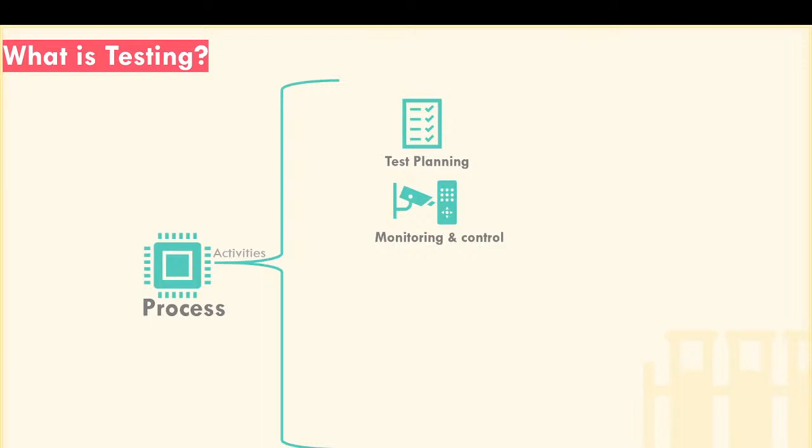We just saw planning, monitoring and control. Now let's go to the analysis. So what is analysis here? This is also an interview question, and you will take this into practice when you start working with an organization. Whenever analysis comes into the picture, you should always say what to test.